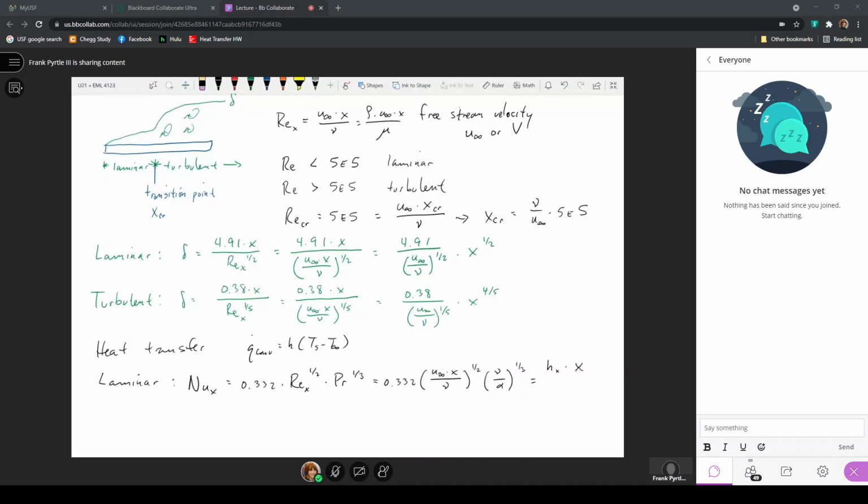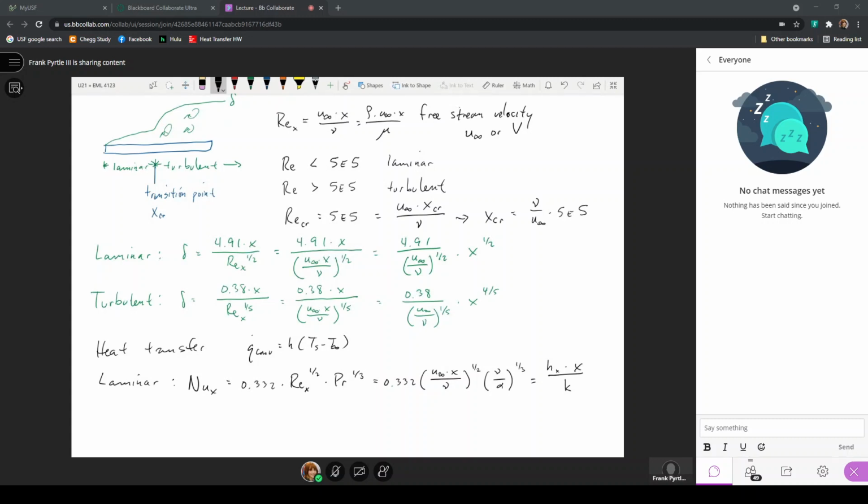So using the definition of the Nusselt number, which from the last time I just wrote as the heat transfer coefficient times a characteristic length divided by the thermal conductivity of the fluid, this expression allows me to then determine what the local heat transfer coefficient is from a correlation that defines a local Nusselt number.